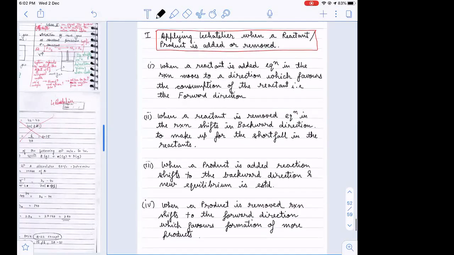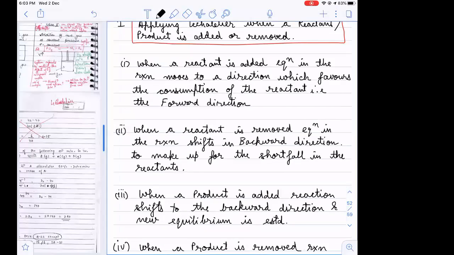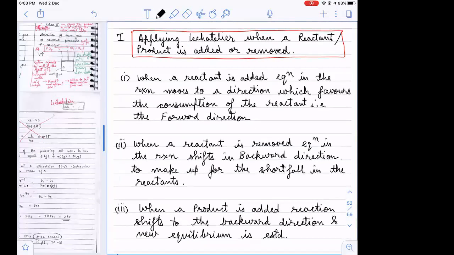Now you see, we are going into a little bit of detail. We are going to see each and every one of those changes in a little more detail. The first one is applying Le Chatelier when a reactant or product is added or removed.